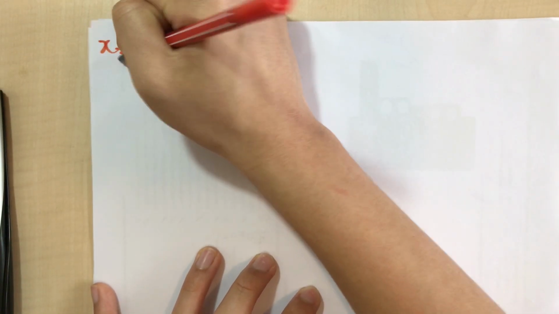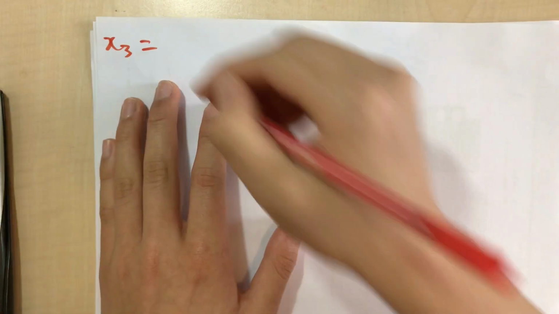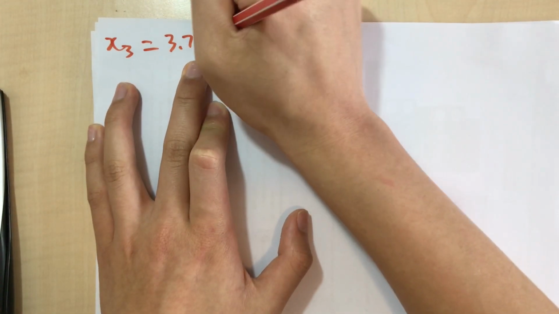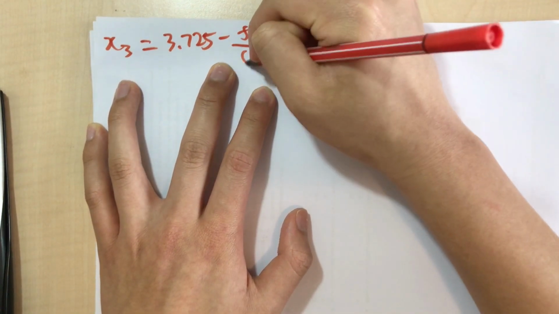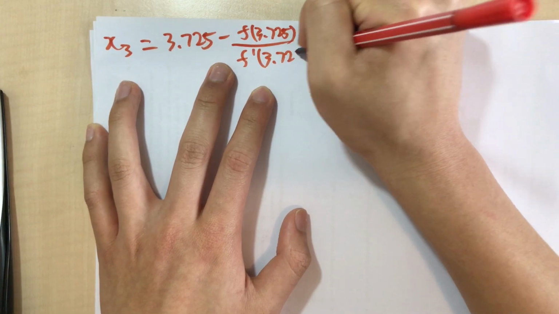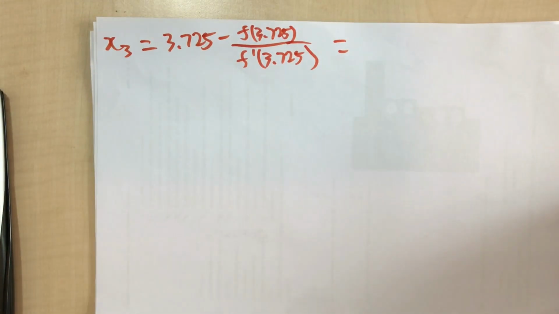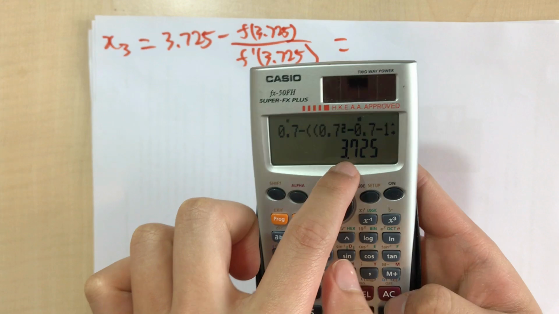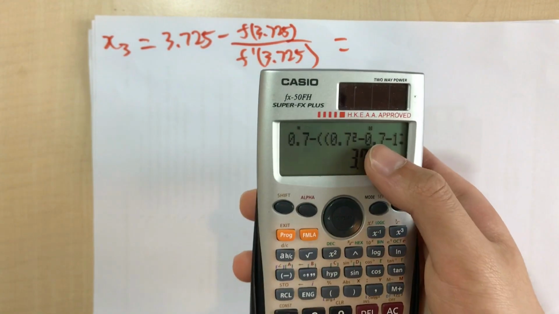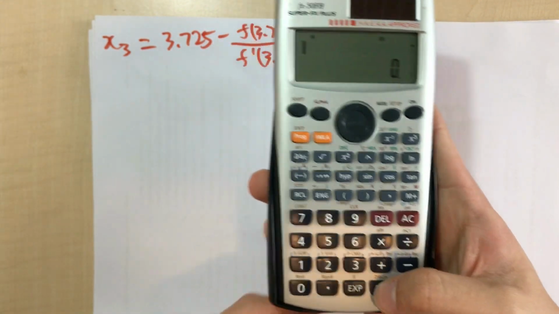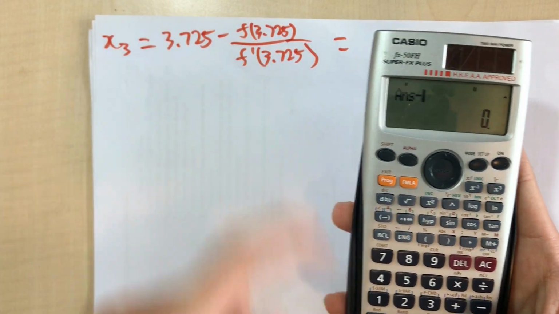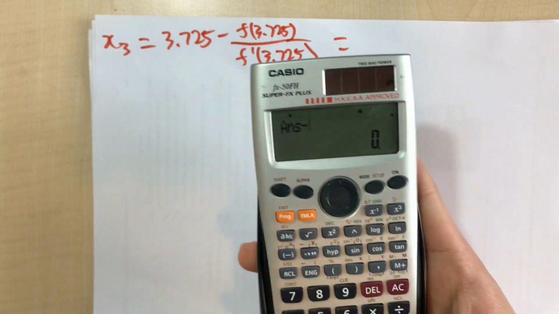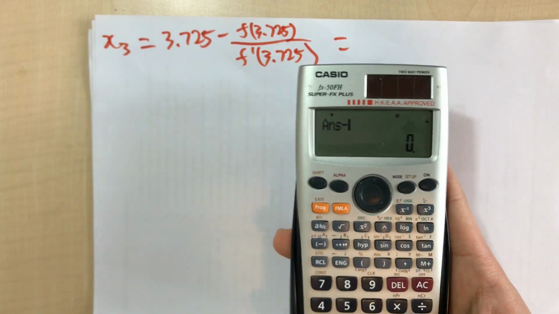So now we will want to find x sub 3, which is the previous one minus f of the previous one over f prime of the previous one. The calculator automatically stores this answer in the variable Ans, so we can directly use the answer button to replace this 3.725.